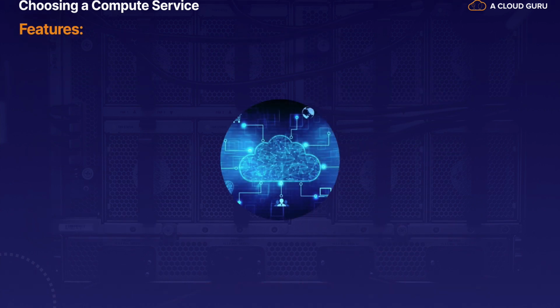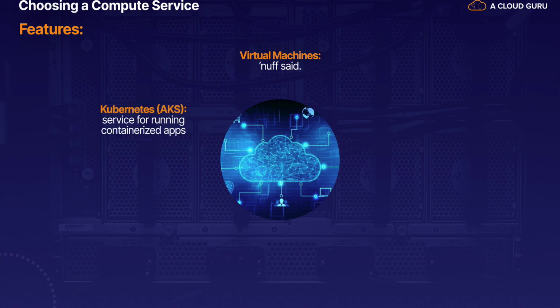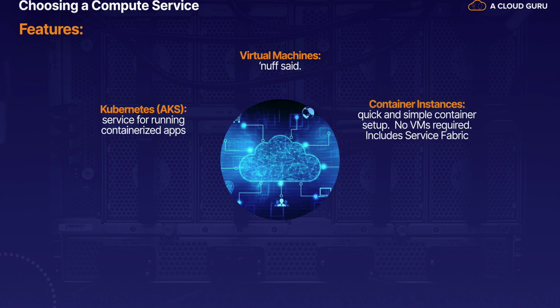So the compute options you have available to you are as follows. Virtual machines. Well, nothing else needs to be said about that. Kubernetes, also known as AKS, and that's the Azure service for running containerized applications.